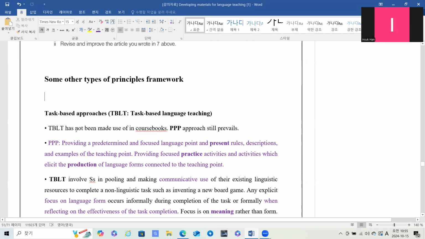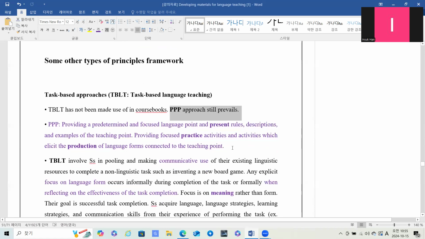However, TBLT has not been made use of in course books, while it has been very much emphasized as a desirable pedagogy in ELT classrooms. Instead, PPP, which is a very traditional approach for teaching language, still prevails in course books. The course books develop their activities and content.